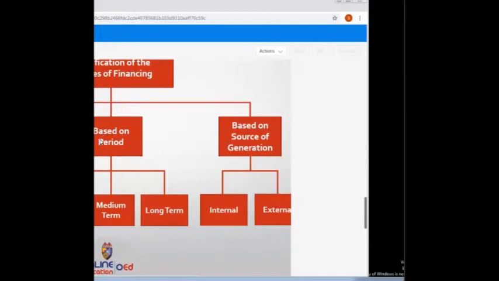For a classification based on period, this is the period of payment, you can have short-term, medium, and long-term. And for a classification based on the source of generation, these are the internal sources and the external sources of your fund.